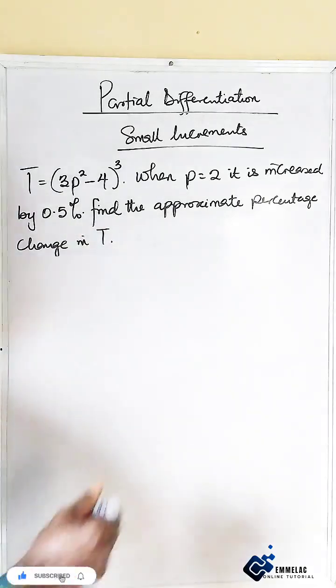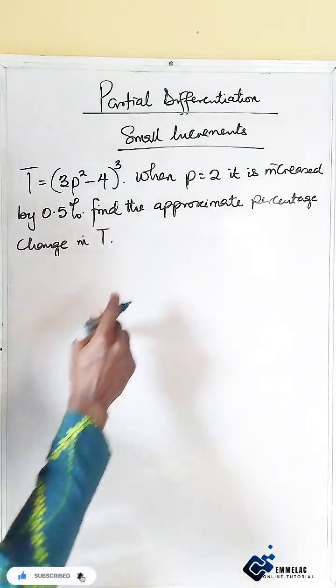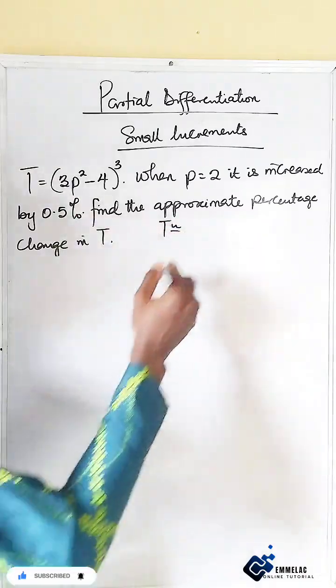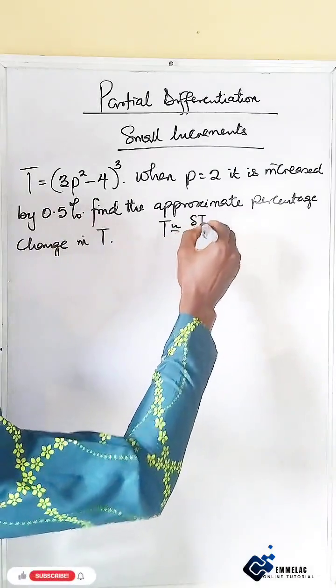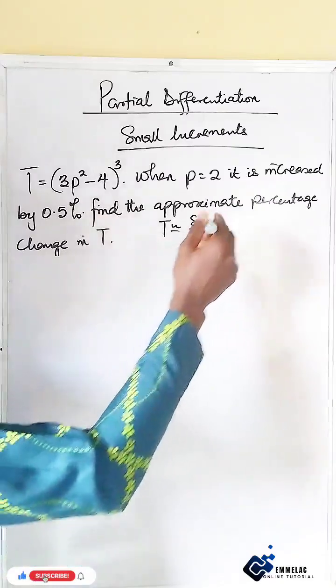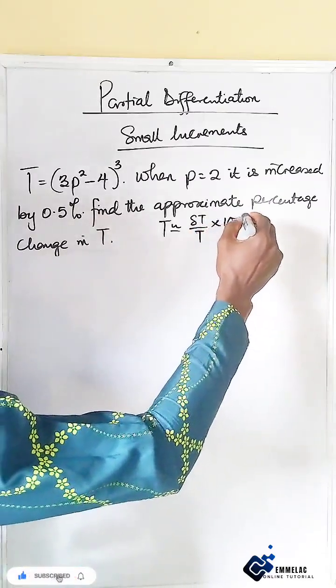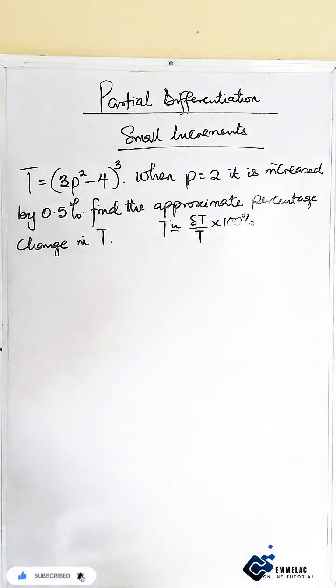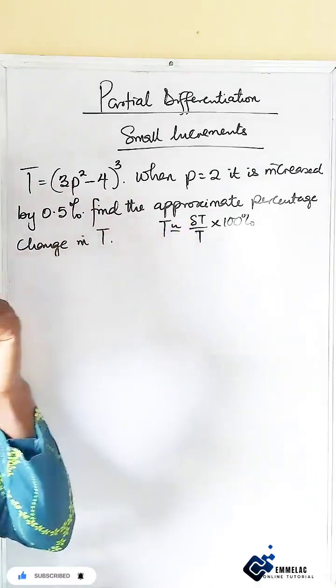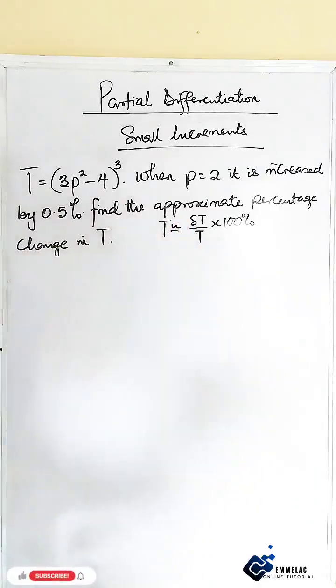Okay, now an approximate percentage change in t has the formula: t approximates to the change in t all over the original value of t, times 100%. But it's very important here that we find this change in t, or the increase in t.